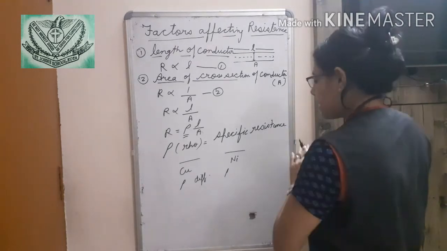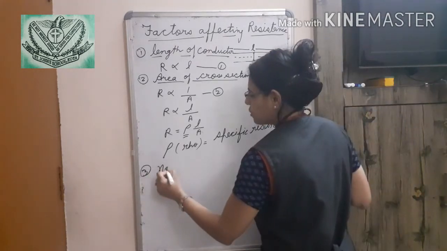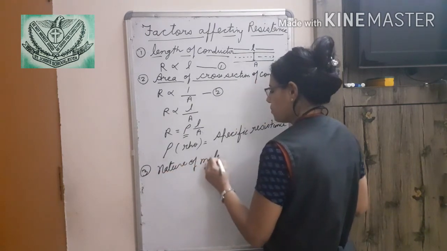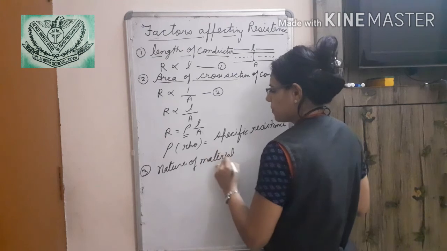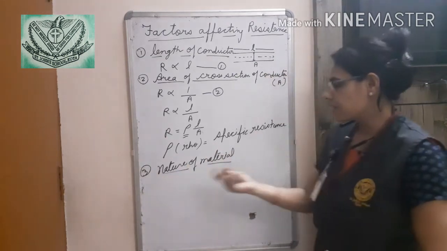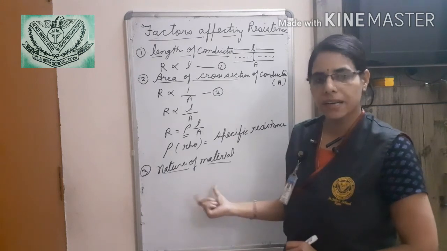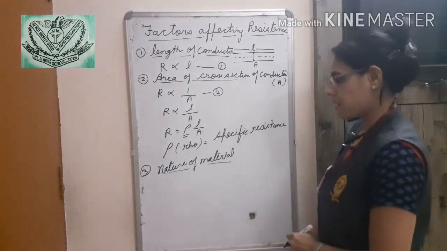So the third factor is the nature of material. The value of rho depends on the nature of the material. Copper and nickel I have given as the example.